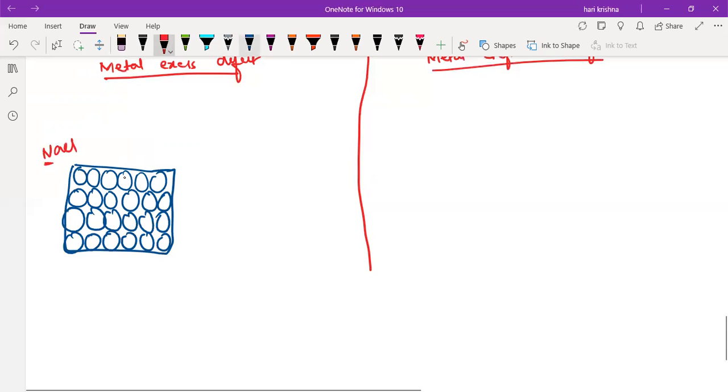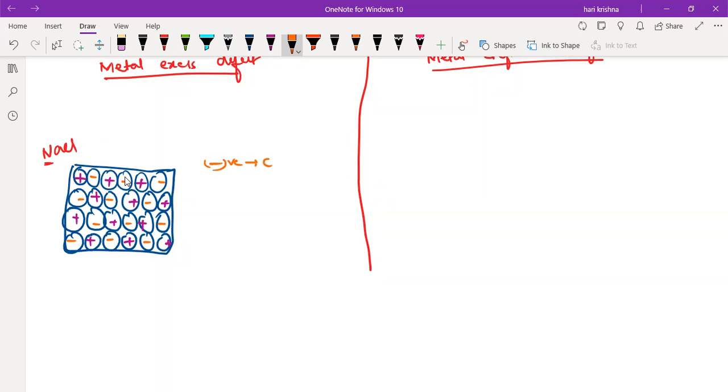In that we have the positive charge and the negative charge. Negative we will take in orange color. So this is a sodium chloride crystal. In that we have both positive and negative.